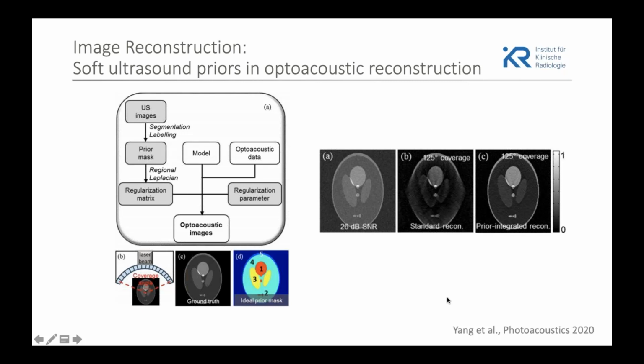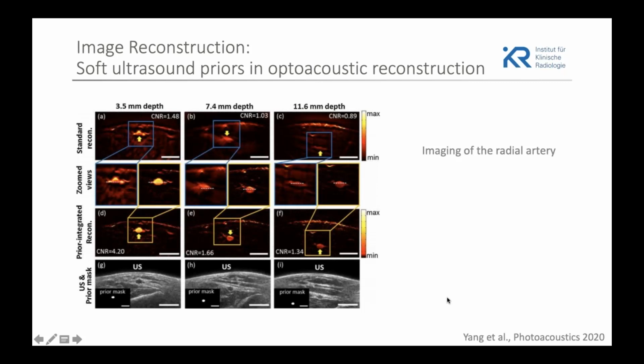So this seems promising to go to humans too, and they did this in the paper as well. The first attempt was here to improve the reconstruction of the radial artery imaging with MSOT. You see the radial artery here in the ultrasound imaging, and this was used as the prior mask for the optoacoustic reconstruction. And as you see, it's hard to see the whole vessel here because you have a lot of signal from the first hemoglobin reached by the laser light here at the beginning of the vessel.